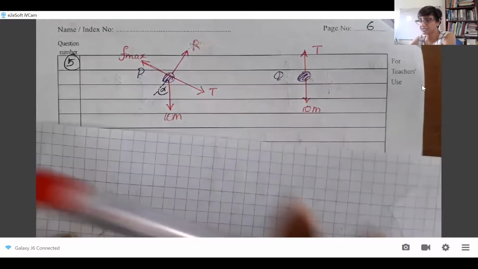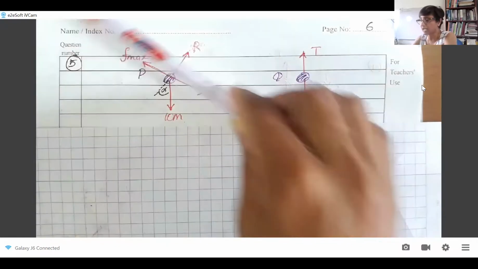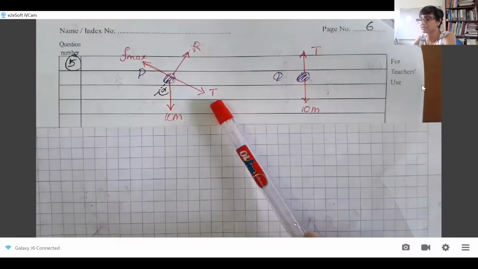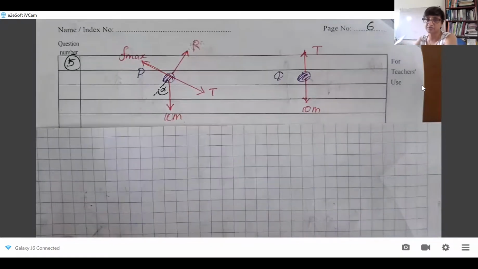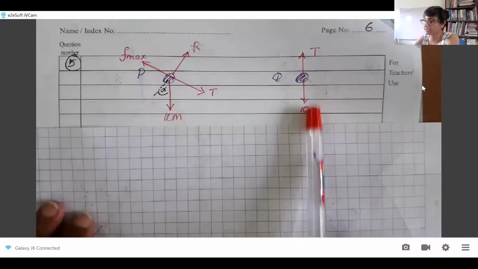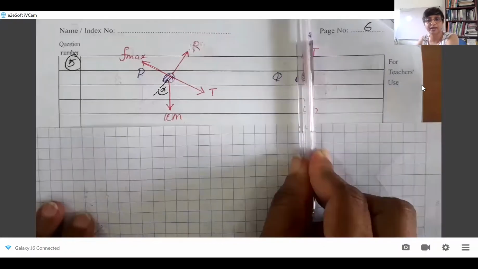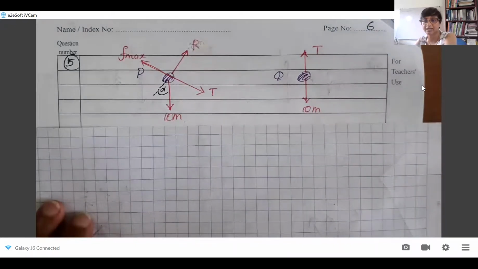And then in this direction, again forces are balanced because it's in limiting equilibrium. So T plus 10m sine alpha is equal to F max. And F max you can write in terms of R and mu. And then for Q, you apply equilibrium: T is equal to 10m. So you immediately have the value of T.